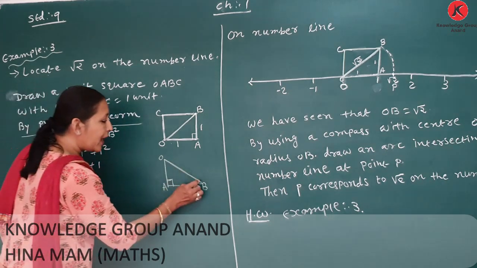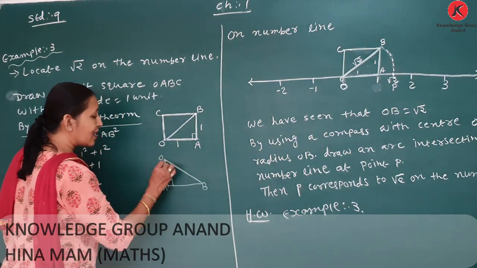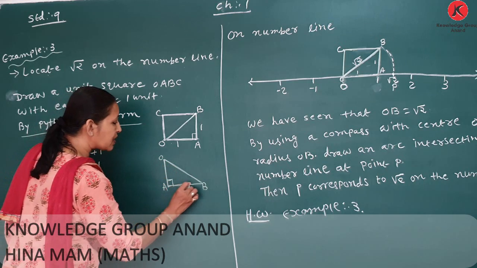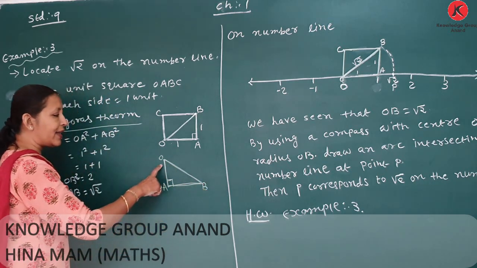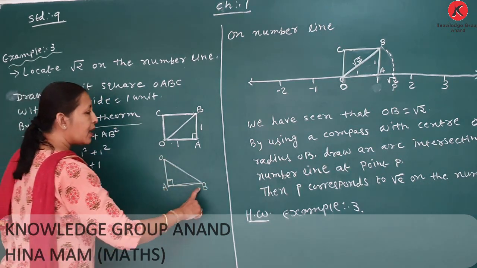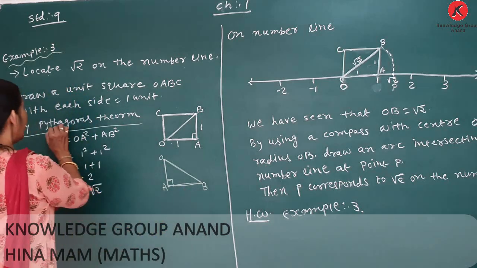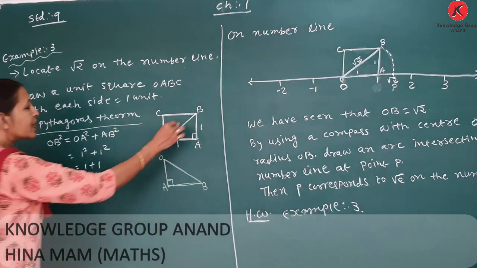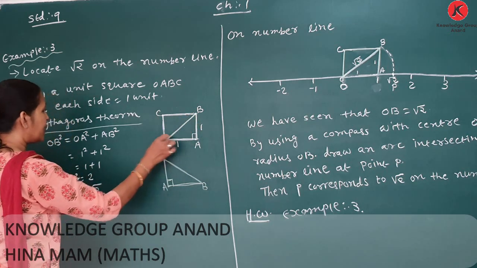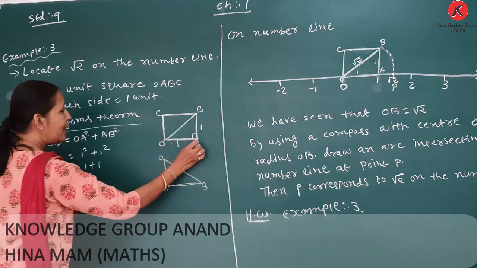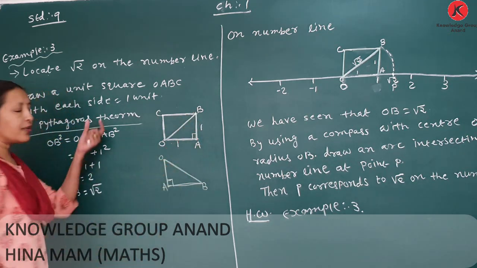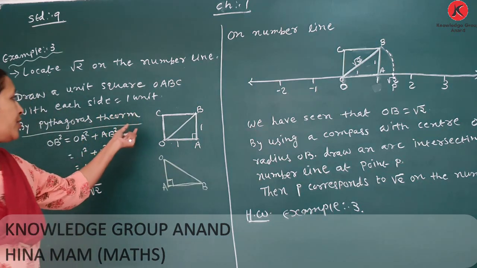Therefore, using Pythagoras theorem, OB square is equal to OA square plus AB square. You learned Pythagoras in standard 8.